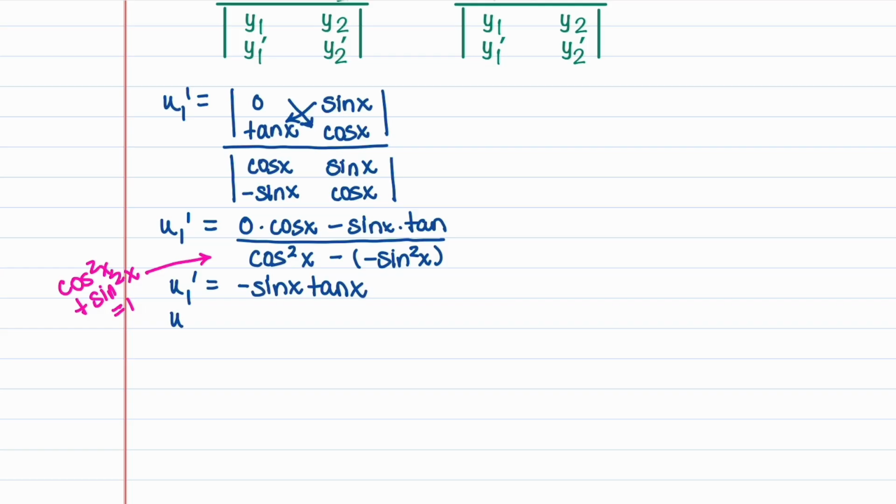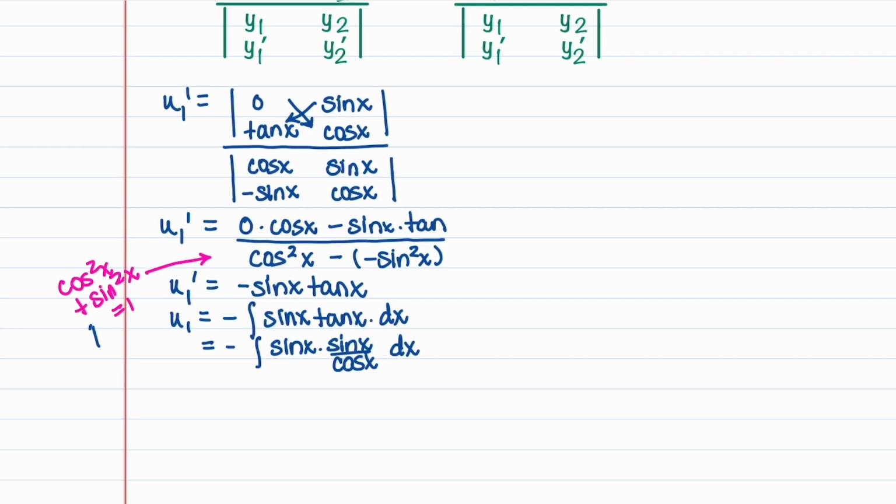Now we're going to integrate and find u1. So it is the integral of minus sine x tangent x dx. To evaluate this, we need to rewrite tangent as sine over cosine. So this is minus the integral sine x times sine x over cosine x dx.